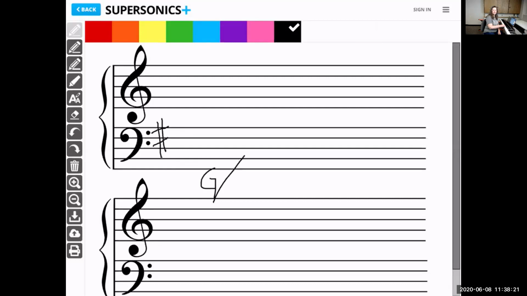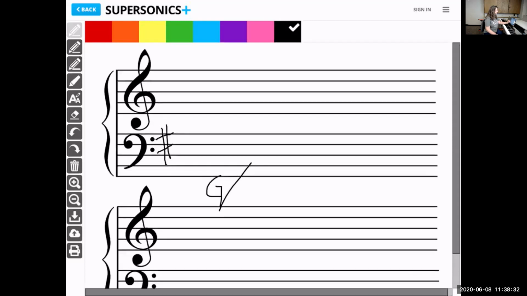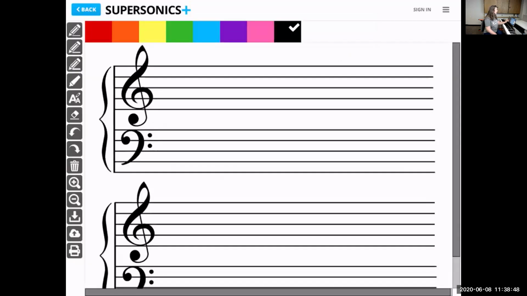I'm going to place my finger on the G, and I'm going to start counting with the next note down, 1, 2, 3, and that landed me on the E. So my correct answer is E minor. That goes on the line. Next one.